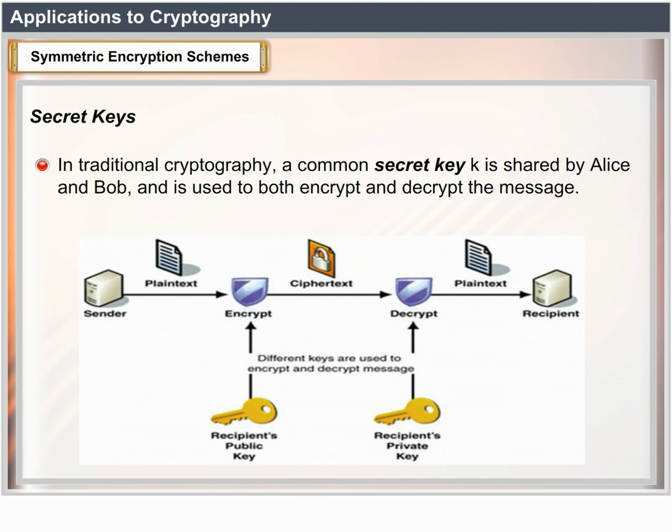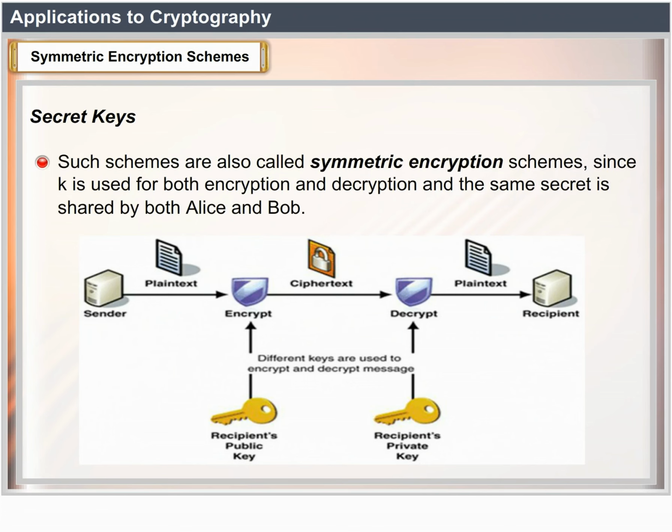In traditional cryptography, a common secret key, K, is shared by Alice and Bob and is used to both encrypt and decrypt the message. Such schemes are also called symmetric encryption schemes, since K is used for both encryption and decryption, and the same secret is shared by both Alice and Bob.